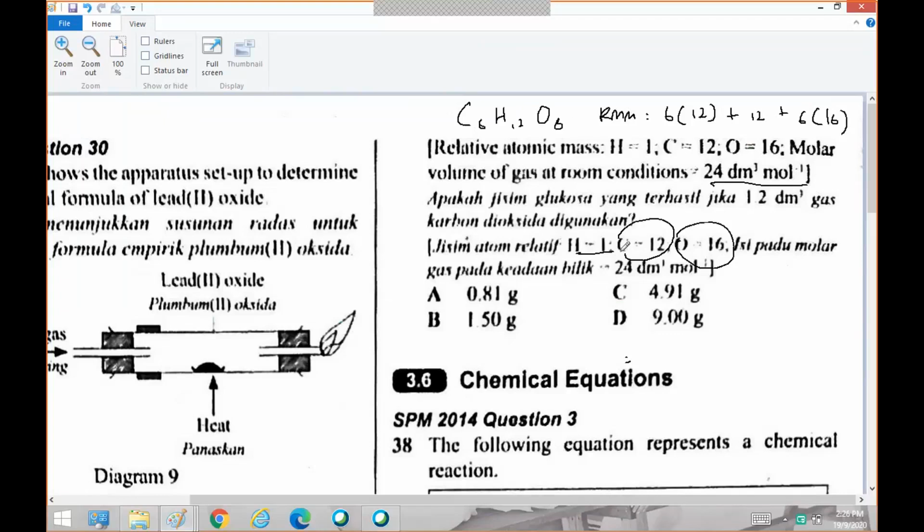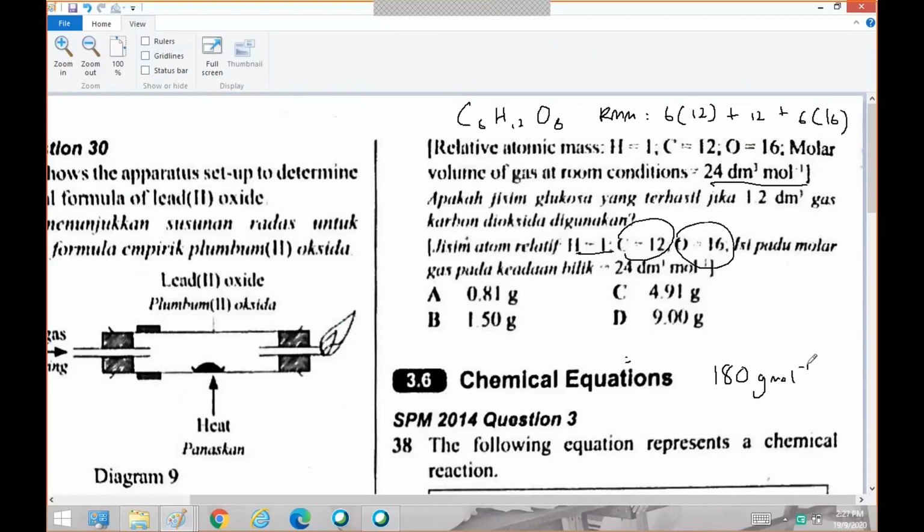We need a calculator here, sorry. So 72 plus 12 is 84. Then you got 16 times 6. So yeah, 180. Alright, so that's the mass, 180 gram per mole of glucose.